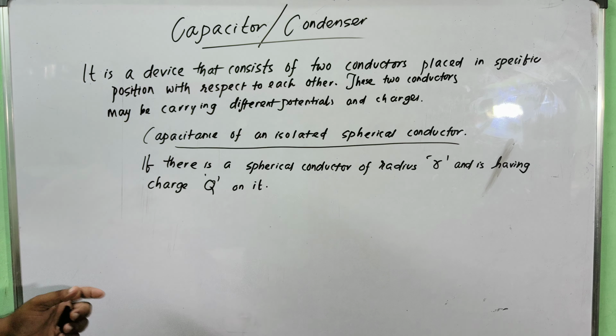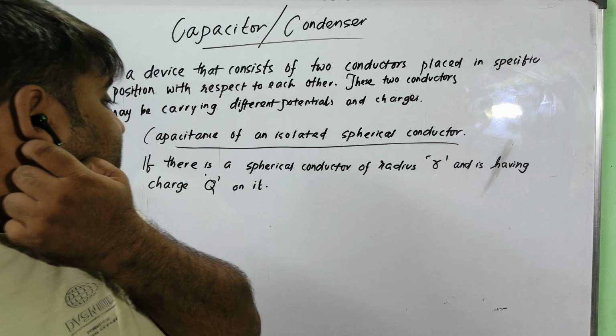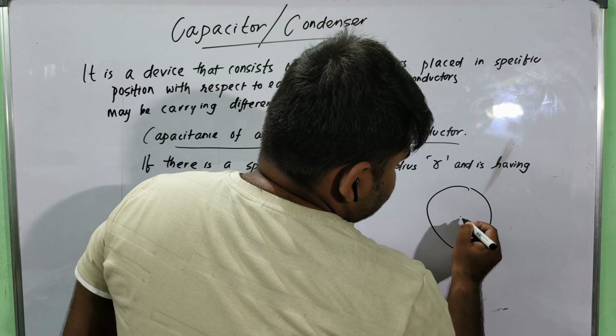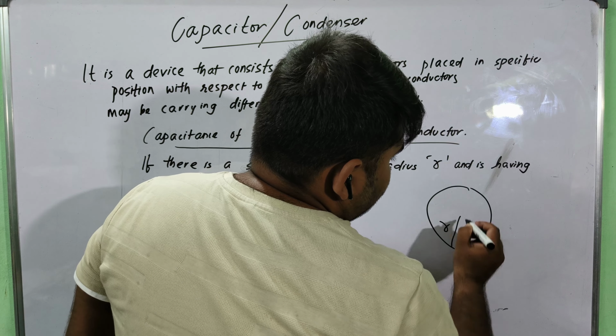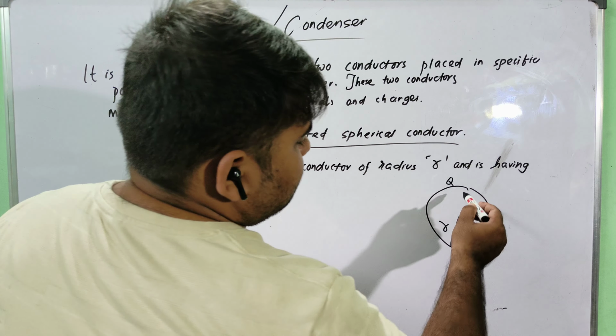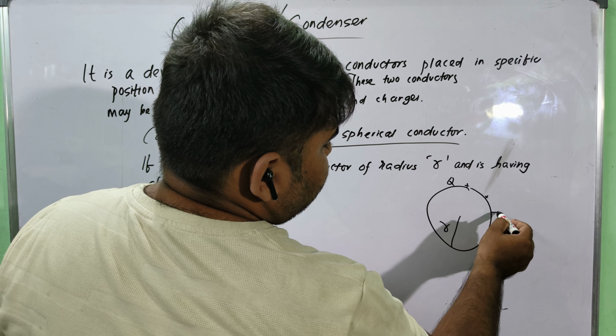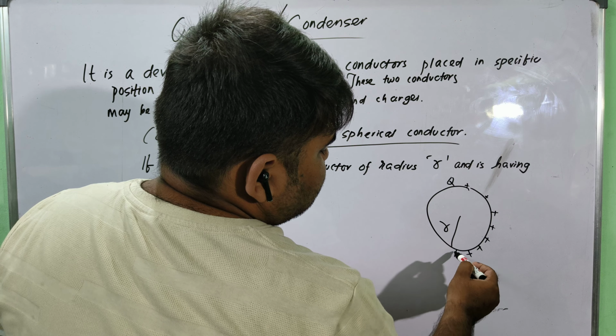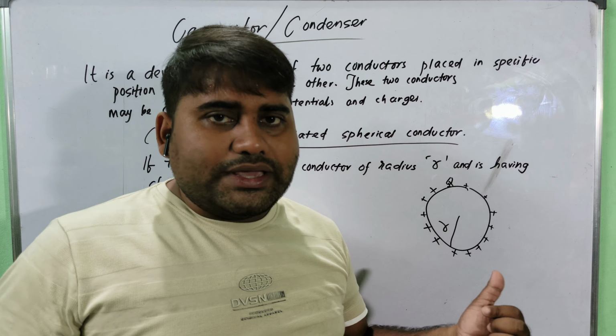This is one spherical conductor. The radius is small r, it is charged with plus q, and you know that all the charges reside on the surface of the conductor. For a conductor, all the charges reside on the surface. So let the total charge amount to some value, and that value is q.